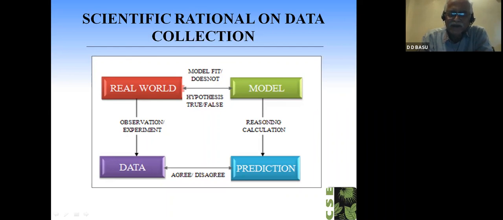If the prediction and the data agree, then the model is fit, and if it does not, then the model is false. So you have to have a data collection system to see whether what you are predicting is true.